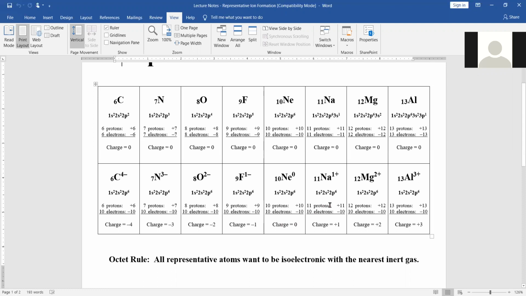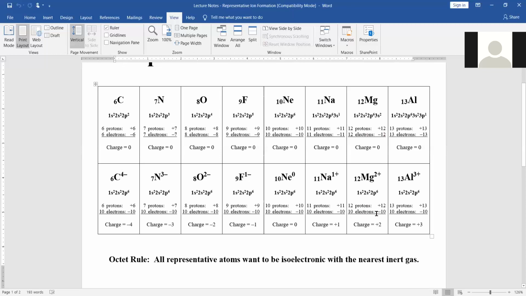On the other side, we have the metals. To the metals, I took away electrons. Sodium started with 11 electrons, now it only has 10. If I have 11 positive protons and 10 negative electrons, that's 1 excess proton, so the charge is +1. Similarly for magnesium, right next to it, the alkaline earth: I started with 12 protons and 12 electrons up here.